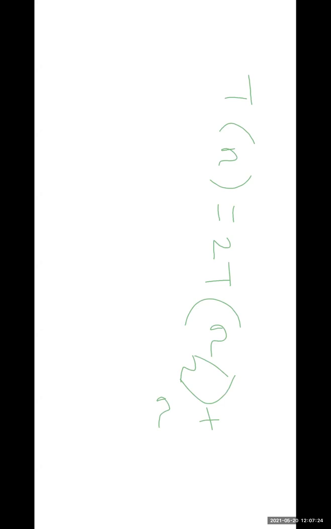If we convert it into the recurrence relation, what will the recurrence relation look like? T(n): if n is equal to 1, that means we are performing nothing, because only a single element is present.